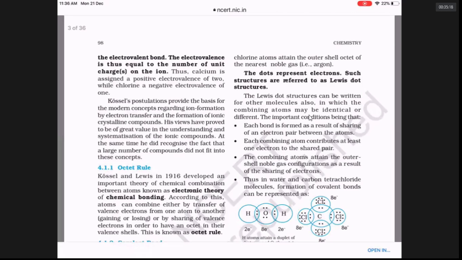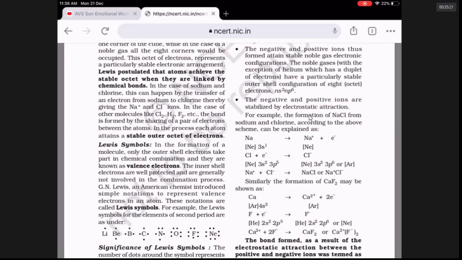In NaCl, each Na+ is surrounded by 6 Cl- ions, and each Cl- is surrounded by 6 Na+ ions, making a solid crystal. This arrangement is called a face-centered cube, FCC. Each ionic compound has its ions arranged in a specific crystalline form.